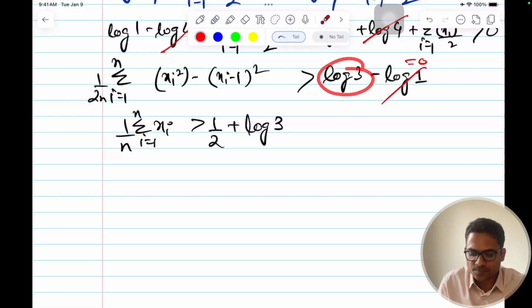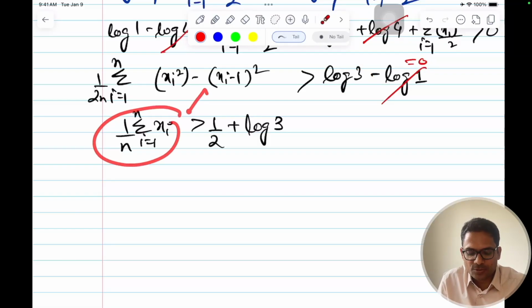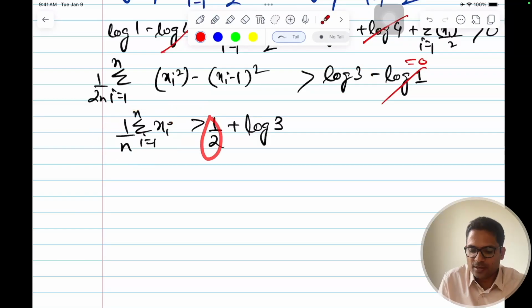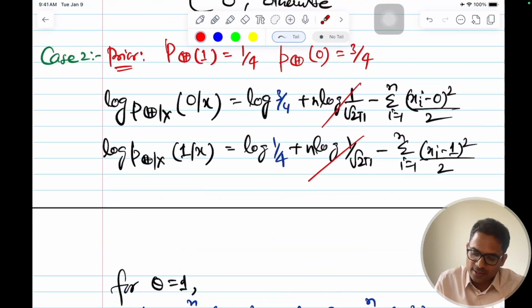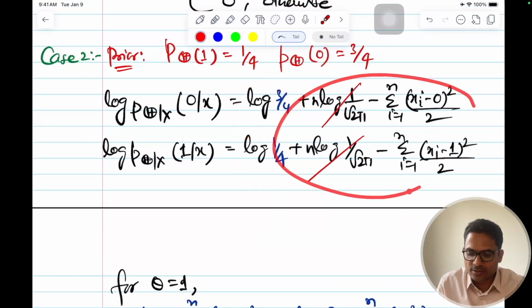Earlier it was 0, because it was log half minus log half. Now this is log 3/4 minus log 1/4, and the rest of the terms come as they are.